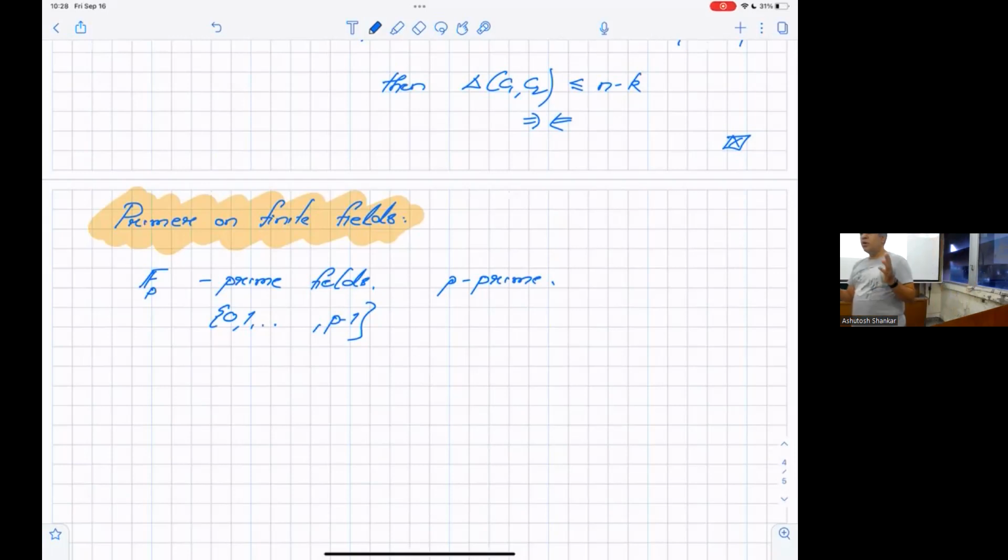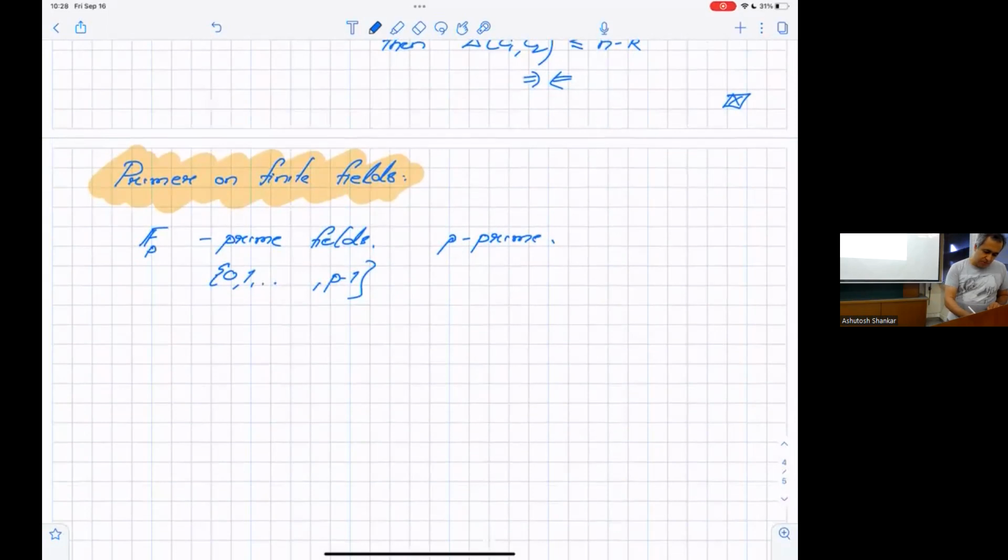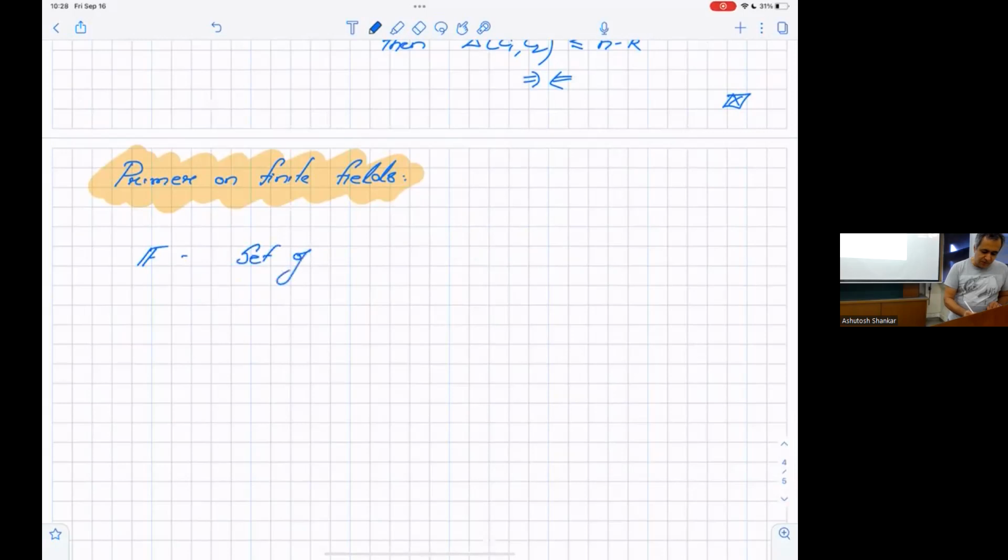Many a time we'll also talk about rings, which have all the properties except one: in a ring, not all elements have inverses under multiplication. Formally, F is the set of elements. This could be finite or infinite. With two binary operations.